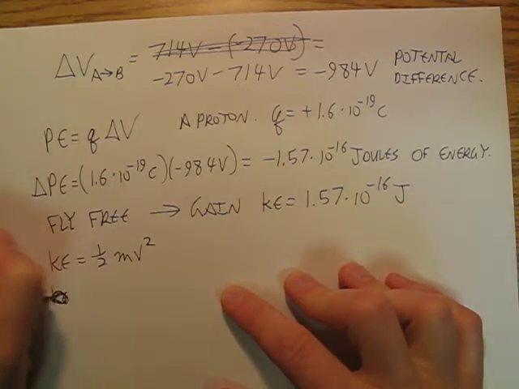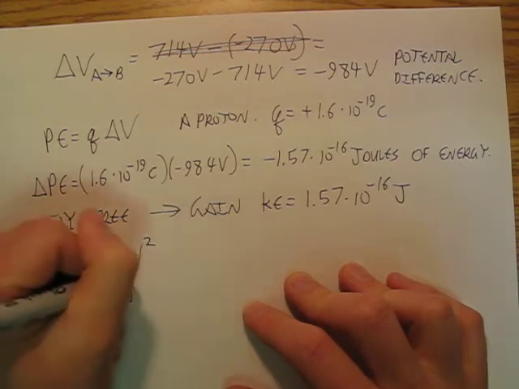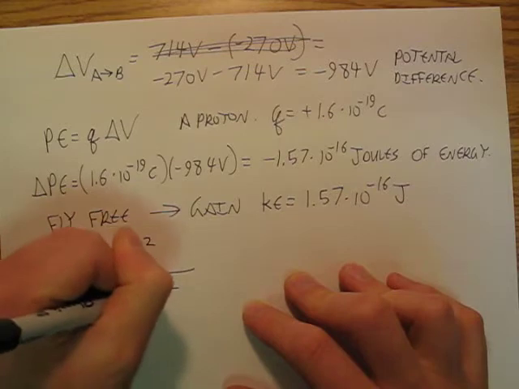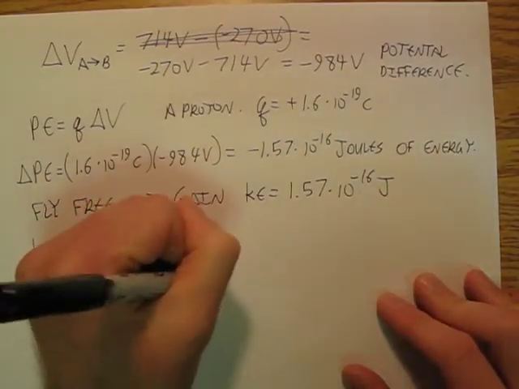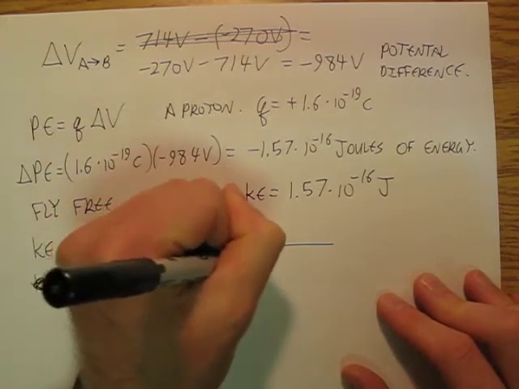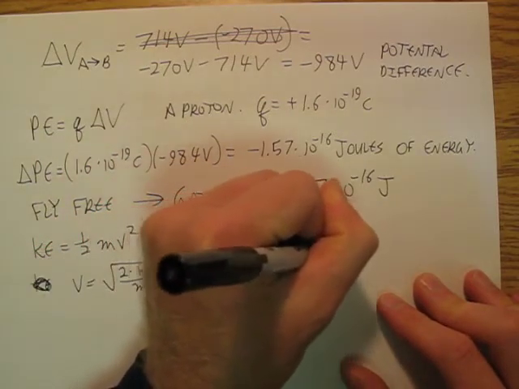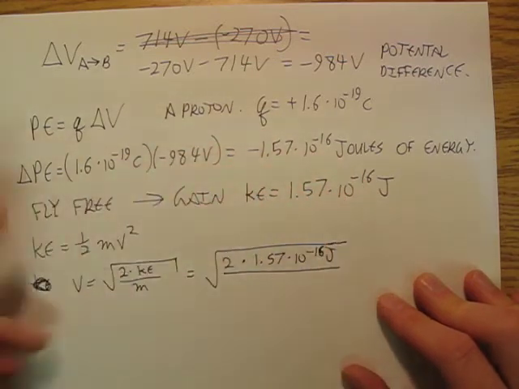And so I have my v is going to be the square root of 2 times the kinetic energy divided by the mass. So I'm going to have the square root of 2 times 1.57 times 10 to the negative 16th joules divided by the mass of a proton.